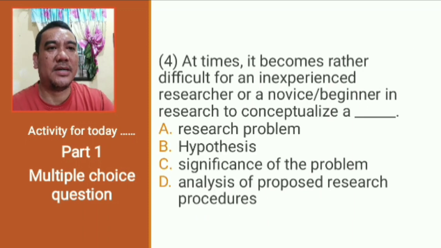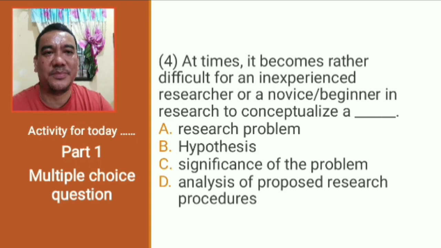At times, it becomes rather difficult for an experienced or inexperienced researcher or a novice beginner in research to conceptualize a blank. A. Research problem. B. Hypothesis. Letter C. Significance of the problem, or letter D. Analysis of proposed research procedure.